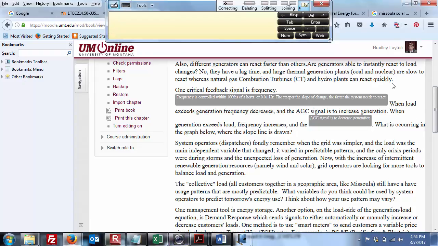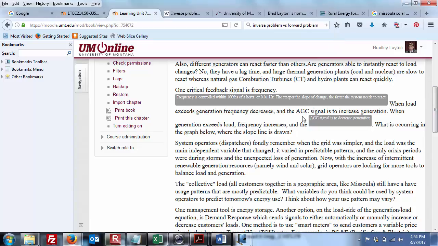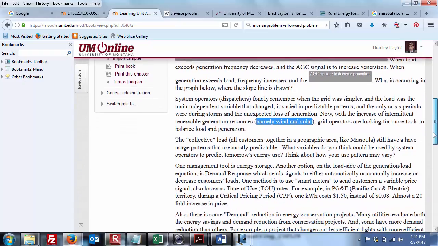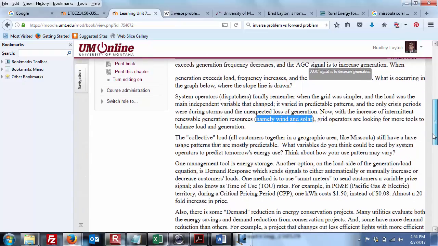And that's really why this course is so critical. Wind and solar can crop up some regularity, but not the greatest amount of predictability. So grid operators are looking for more tools to balance load and generation.